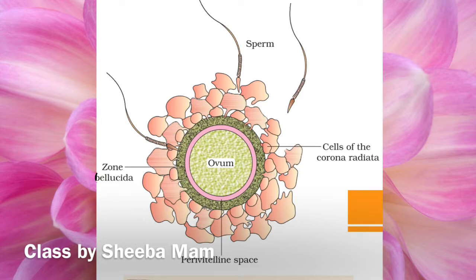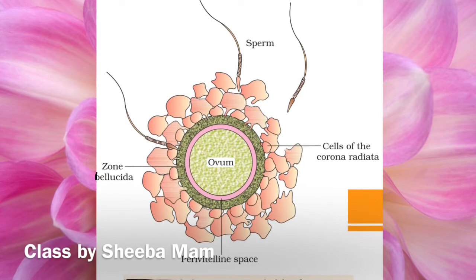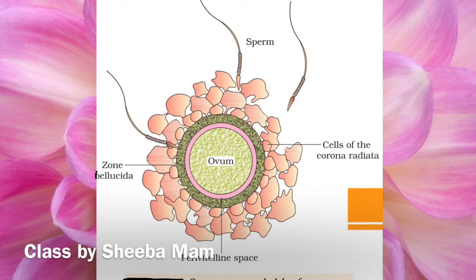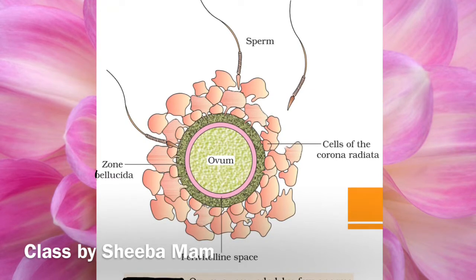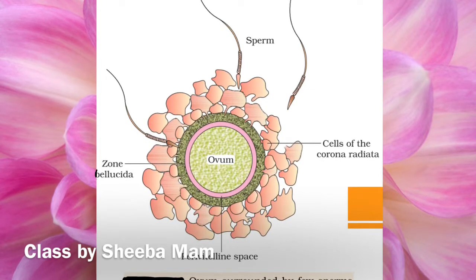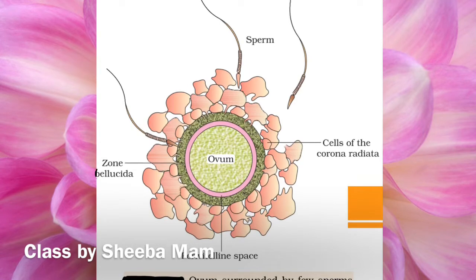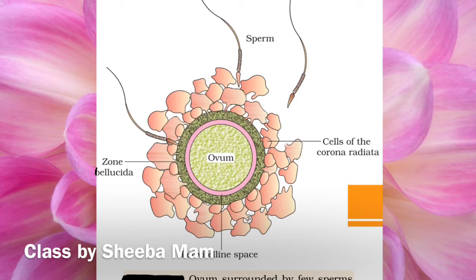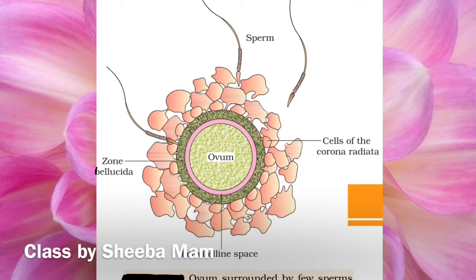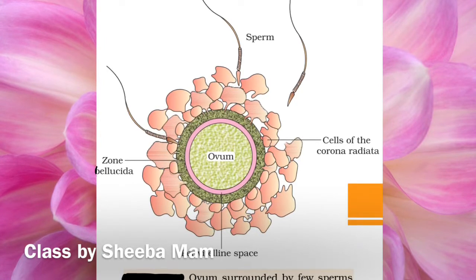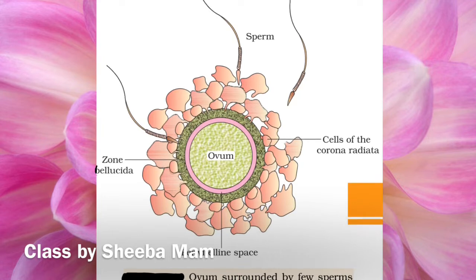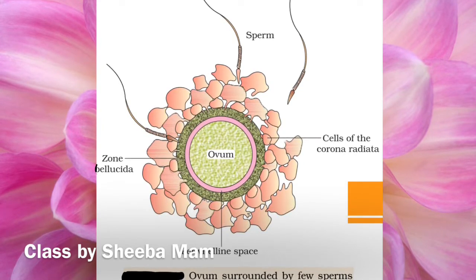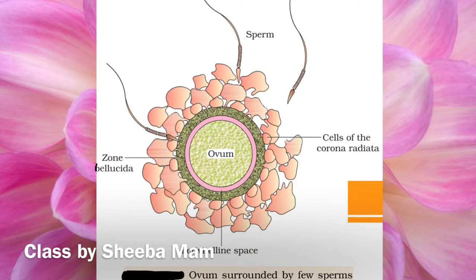Now let us study the structure of an ovum. The ovum contains a haploid nucleus and a large amount of cytoplasm. The ova is surrounded by radiating rows of follicle cells called corona radiata, forming a dense crown. Corona radiata protects the ova till fertilization and gets broken down only by acrosomal enzymes released by the sperm.